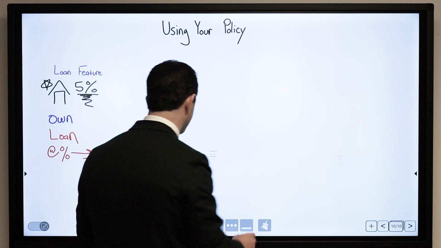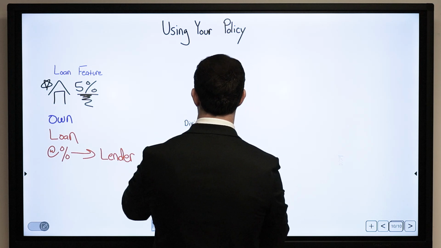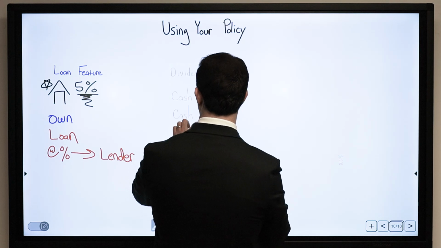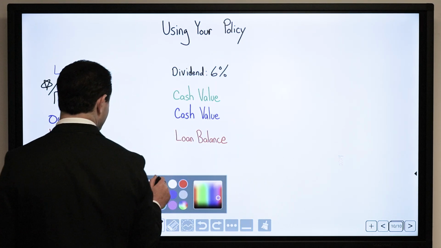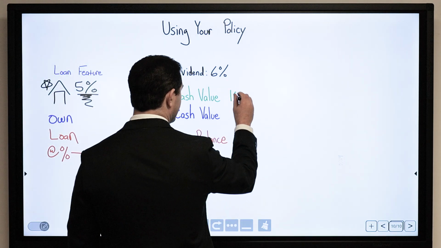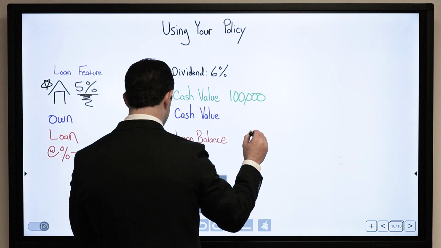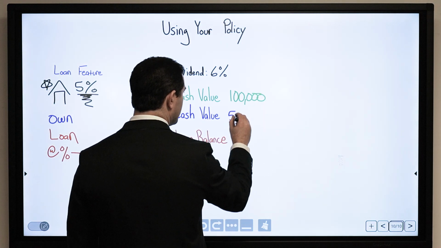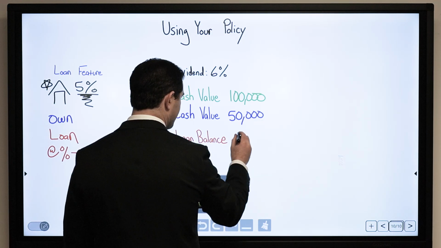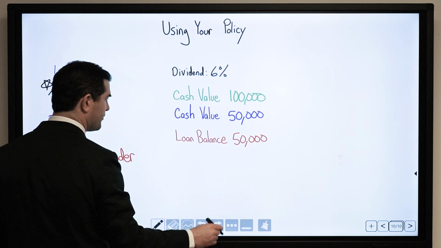Now, how this works with a life insurance policy is as follows. Let's assume I have a policy with a dividend rate of 6%. Cash value, for simple numbers here, I have $100,000. And I elect to borrow out, or loan, $50,000. That means I have a $50,000 outstanding loan.